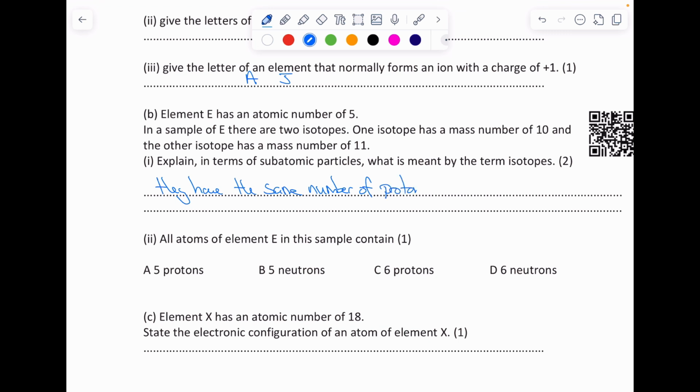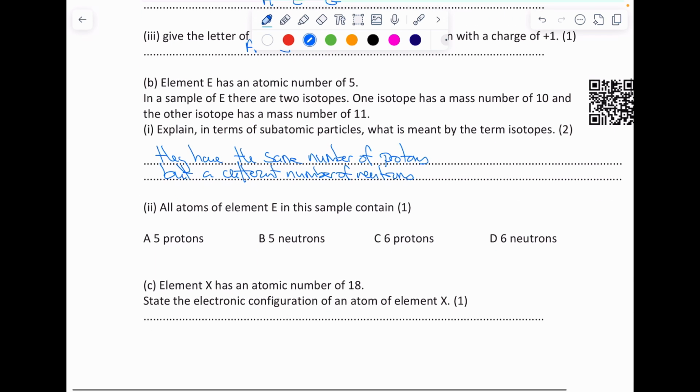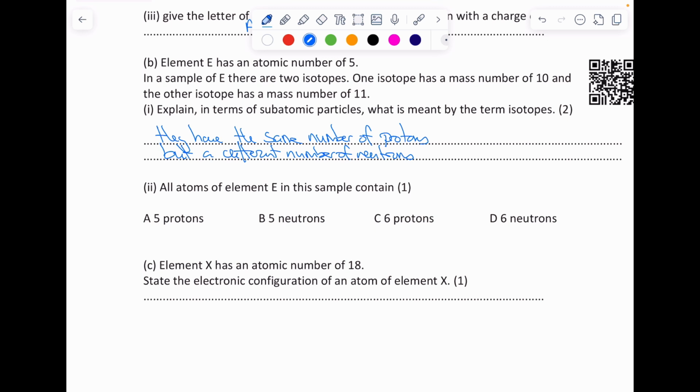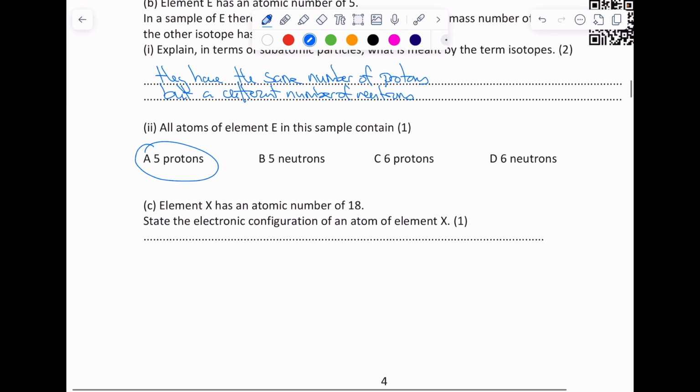That will get you 1 mark, but a different number of neutrons, and that will get a second mark in your response. All the elements in the same sample contain, so from our definition, we know that they have to have all the same protons, so it's going to be that one.